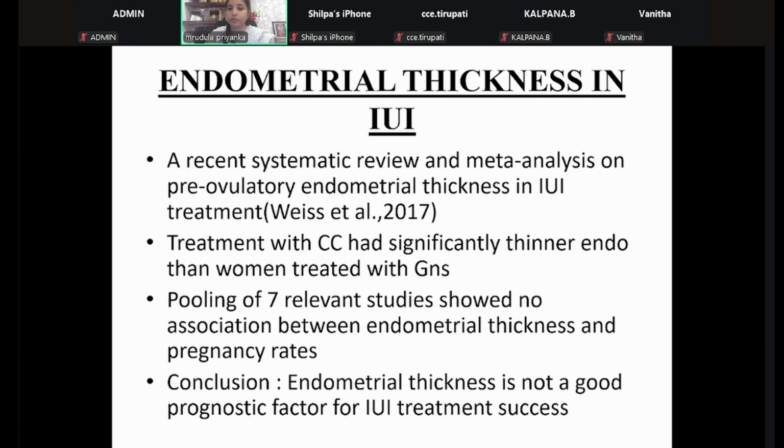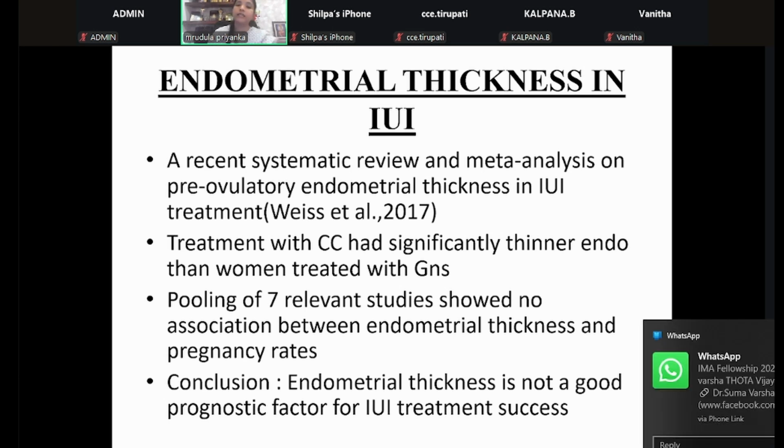So, most of the gynecologists will be cancelling or adding estrogen when the endometrium is thin in an IUI cycle. This recent systematic review and meta-analysis on pre-ovulatory endometrial thickness in IUI treatment was done by Weiss et al. in 2017. They pooled 7 relevant studies and compared clomiphene citrate and gonadotropins.